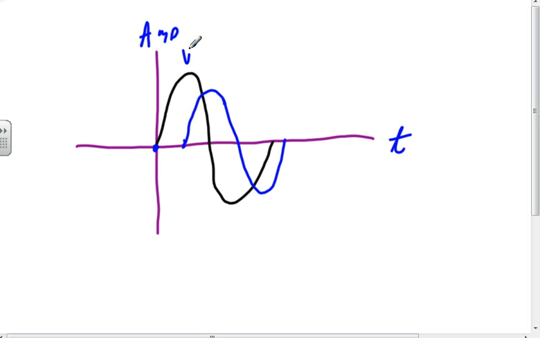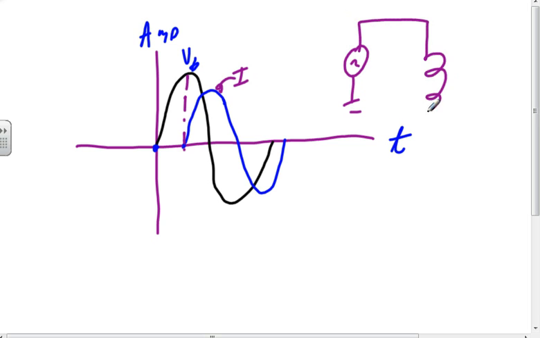The current doesn't start going up until I'm 90 degrees out of phase with the voltage. So voltage happens before current in an inductive circuit. The circuit they're showing is some AC power going through an inductor.